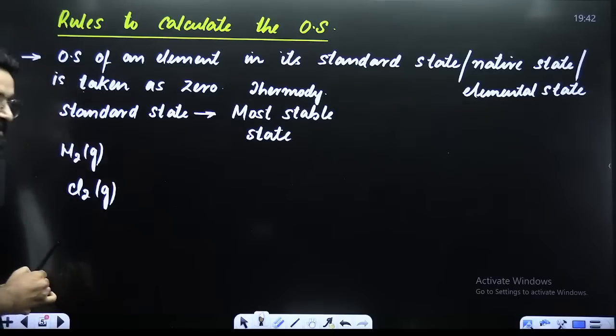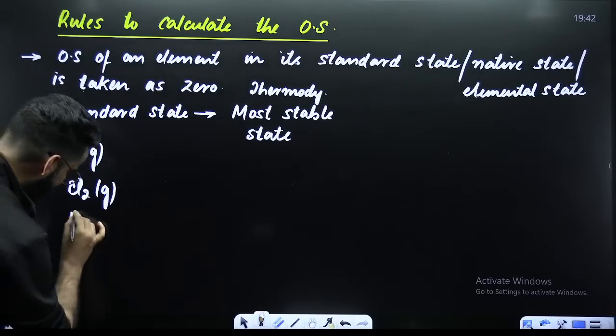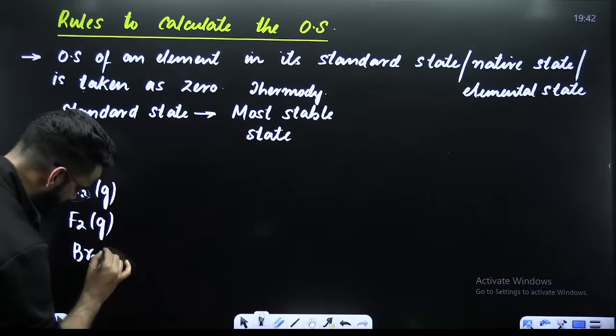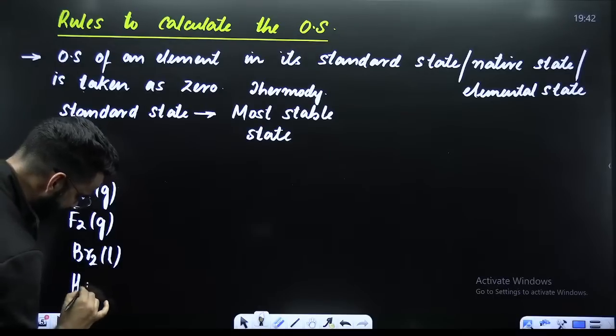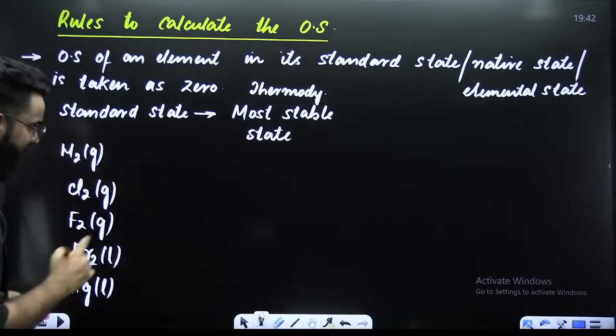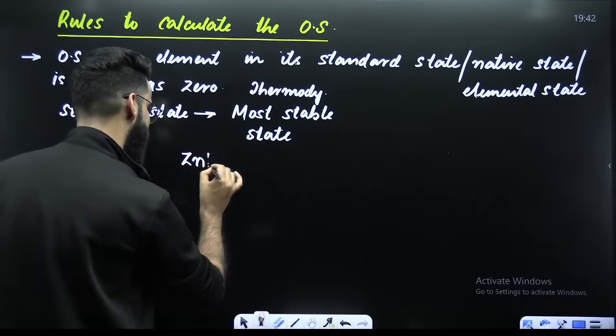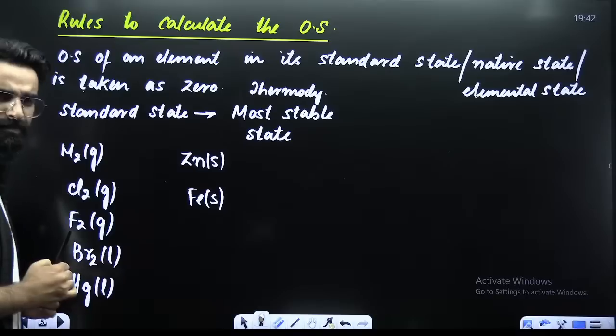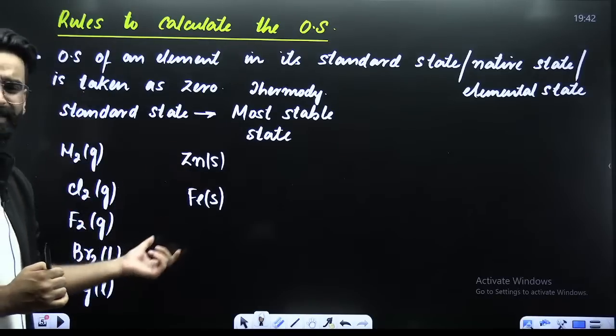Chlorine in nature exists in the form of Cl2 gas. Fluorine in nature exists in the form of F2 gas. Bromine in nature exists in the form of Br2 liquid. Mercury in nature exists in the form of Hg liquid. Zinc in nature exists in the form of zinc solid. Iron in nature exists in the form of Fe solid. So these are all the standard states of these elements.